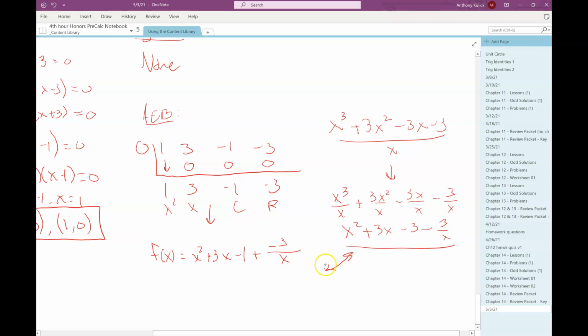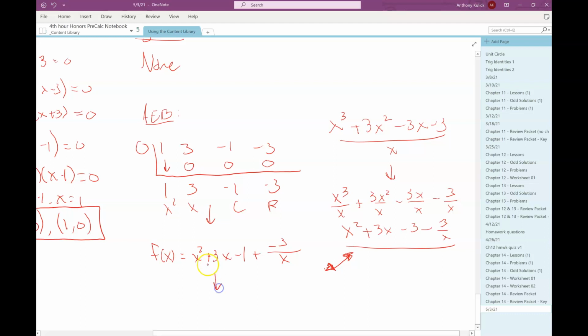That's also a perfectly reasonable thing to do. But that only works because the denominator is a monomial. If the denominator's a polynomial, you can't break it up like that. You have to take the entire denominator and make each one of those fractions the entire denominator, and that defeats the purpose of getting a remainder. But either way of doing it is fine.